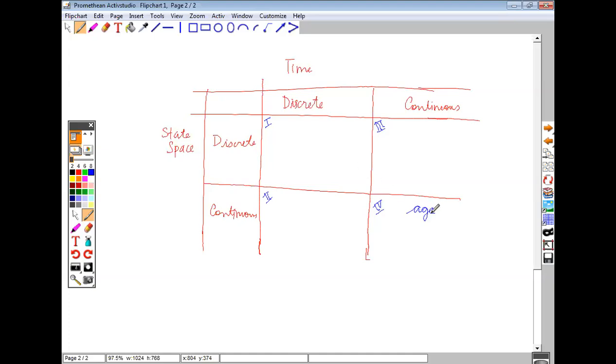But again, I think the age that Isha is considering is, let's say, if you're measuring it in terms of days or something, it would make sense to model it as a continuous state space and in continuous time, because days in comparison to years would be a very minute thing. So again, there is no hard and fast rule to allow modeling of a particular random variable in a continuous state space or in a discrete state space. What matters more is what suits best the purpose that you have at hand.